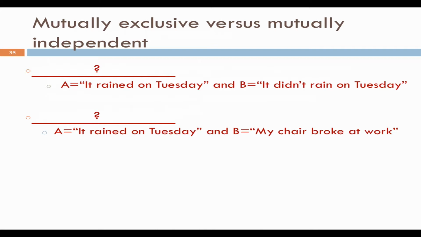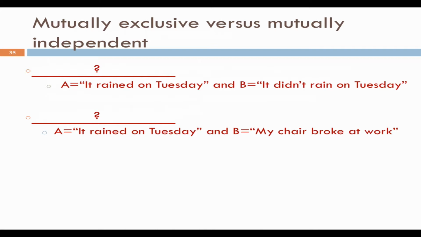Yes. And then the next example: event A is the same, it rained on Tuesday, and event B is my chair broke at work. Those two would be independent. Intuitively, mutually exclusive means only one of the two events can happen. It cannot be A and B, meaning the intersection of A and B has probability 0.